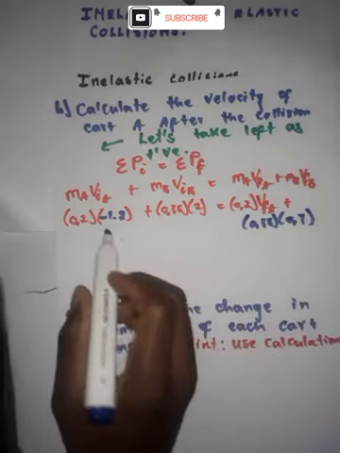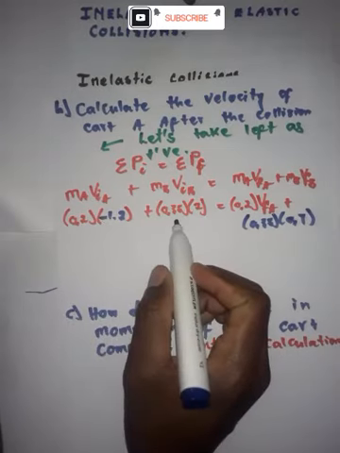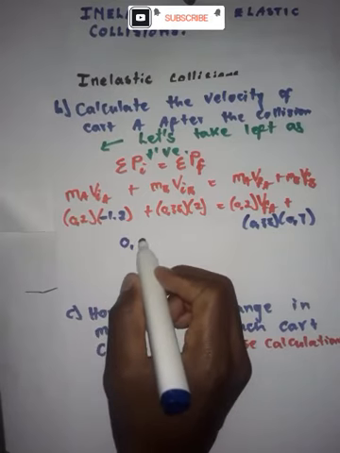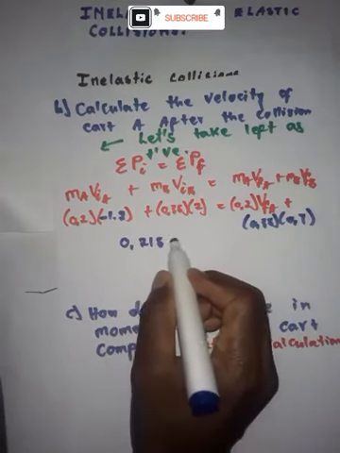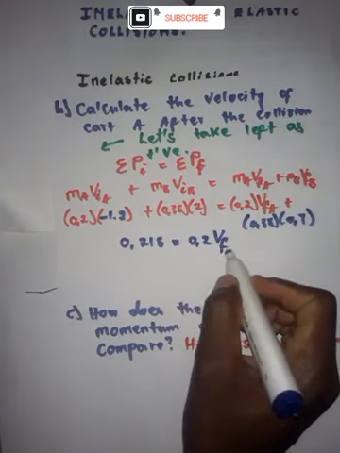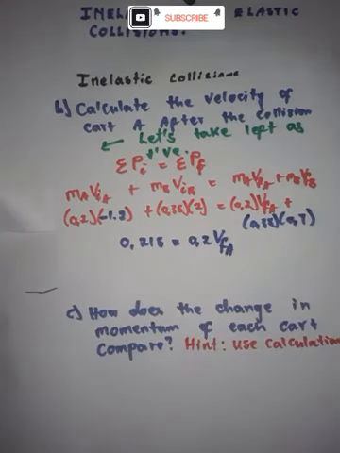So when you take this to this side and punch this in your calculator, you'll get 0.215, which equals 0.2 V final of A. From here it's easy, you can just divide both sides by 0.2.